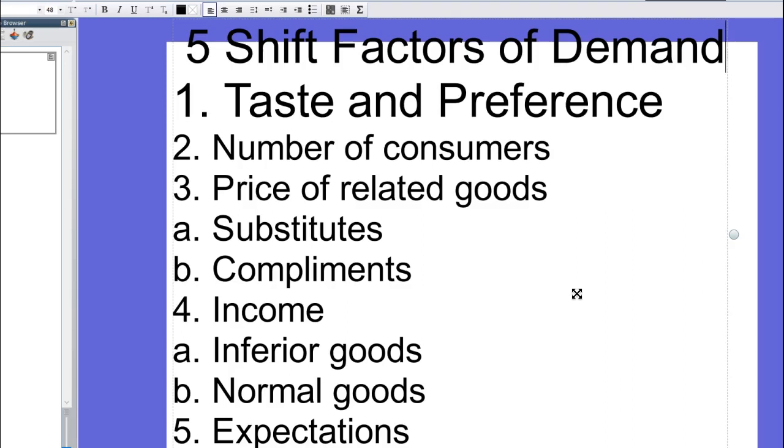The reason they call it inferior is because when people's income starts to rise, the number of inferior goods bought will go down. Normal goods, when people's incomes increase, normal goods will increase as well. They don't, the production of those goods doesn't go down.